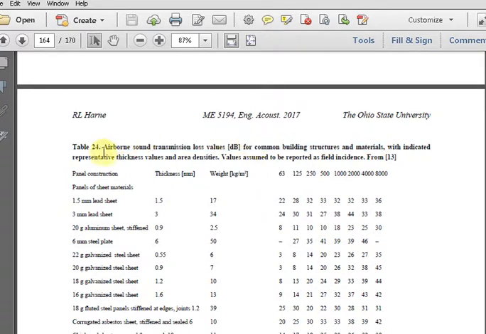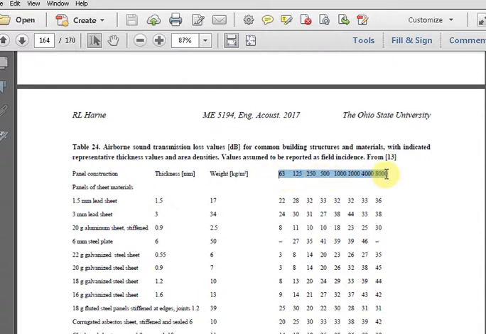These are ordered in terms of what they are, their thickness, their surface density or weight. So as a first example, the 1.5 millimeter lead sheet is a thickness of 1.5 millimeters, which would give, based on its volumetric density, a weight of so much kilogram per meter squared. And then the TL value is reported for select octave bands.